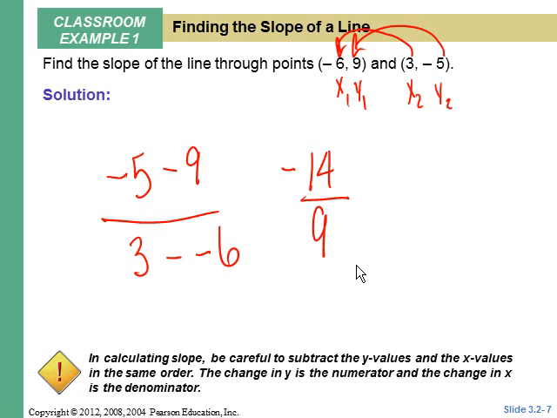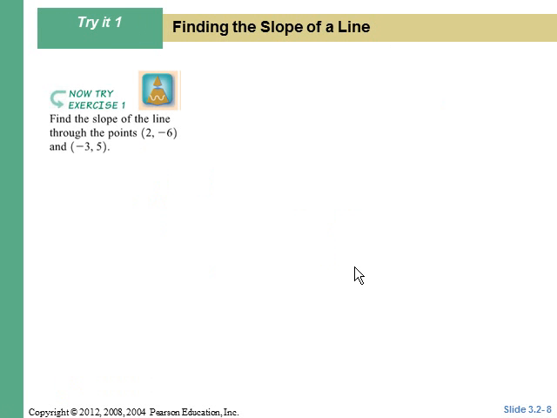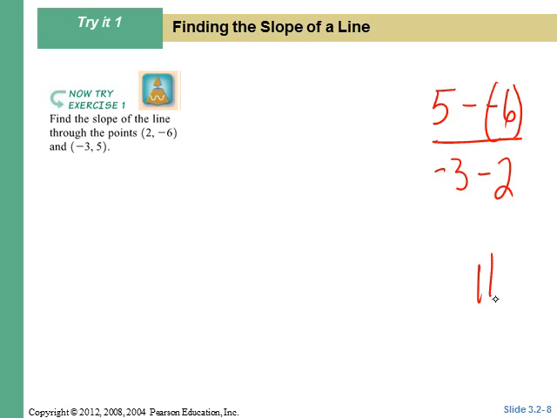What I just said about this same order is important. So you do this one. Okay, so it's going to be 5 minus -6 over -3 minus 2. 5 minus -6 is 11. -3 minus 2 is -5.